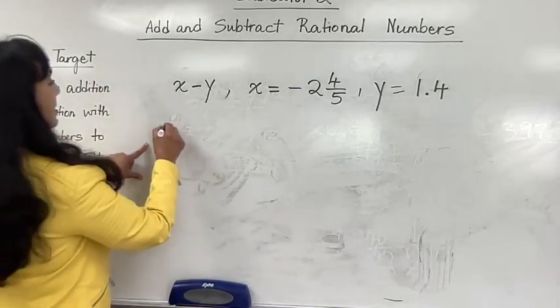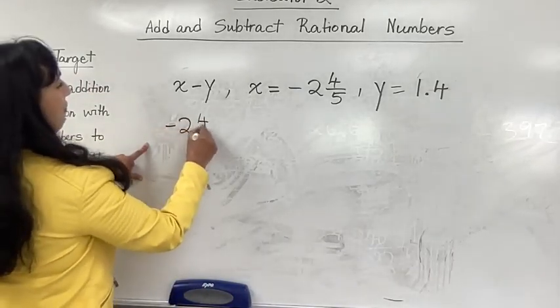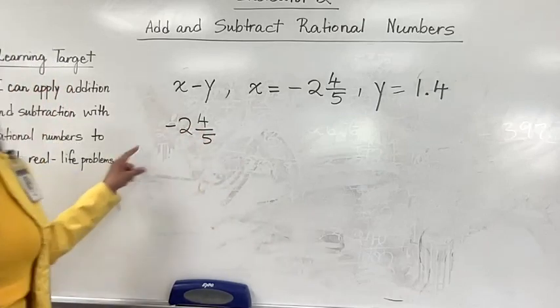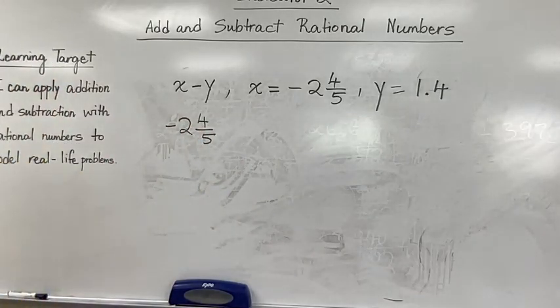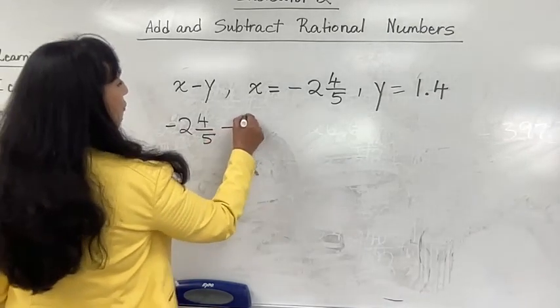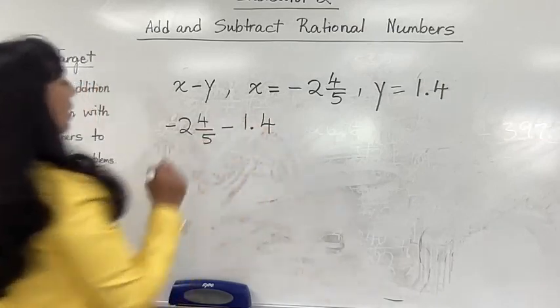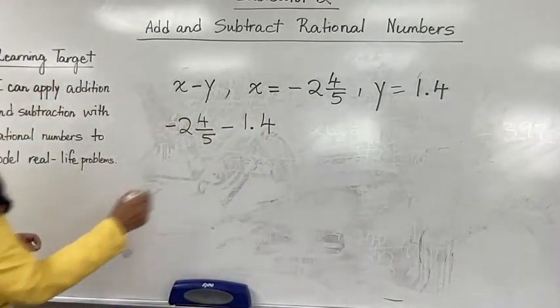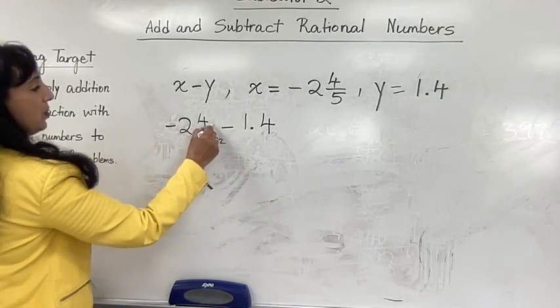Okay, so it's saying x minus y. So x is negative 2 and 4/5. I'm just going to substitute the values at this point. I'm going to replace x with negative 2 and 4/5 and y with 1 and 4/10. Okay, and I know that I can do this, I can do this and I can do this, right?